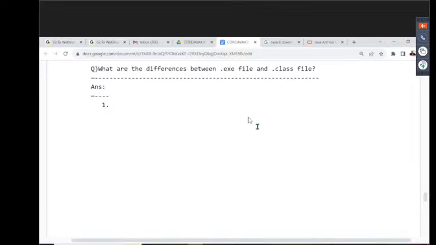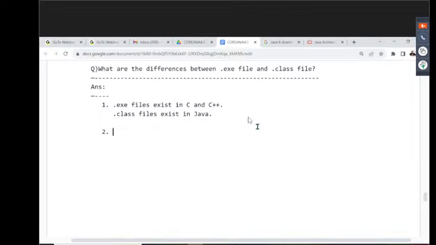.exe files exist in C and C++, whereas .class files exist in Java.